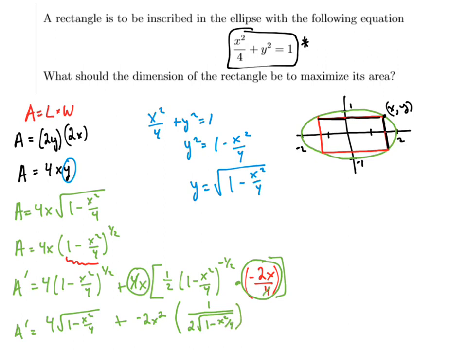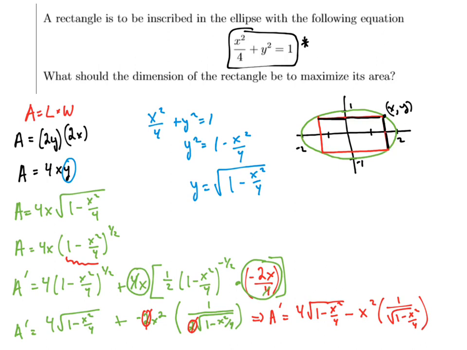And again, we can simplify this 2, and this 2 will cancel. So we get A prime is equal to 4 square root 1 minus x squared over 4 minus x squared times 1 over the square root of 1 minus x squared over 4.